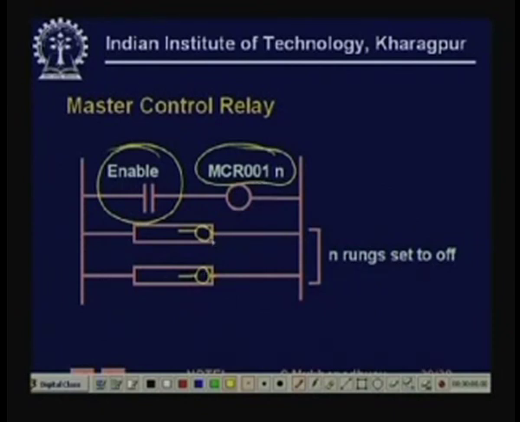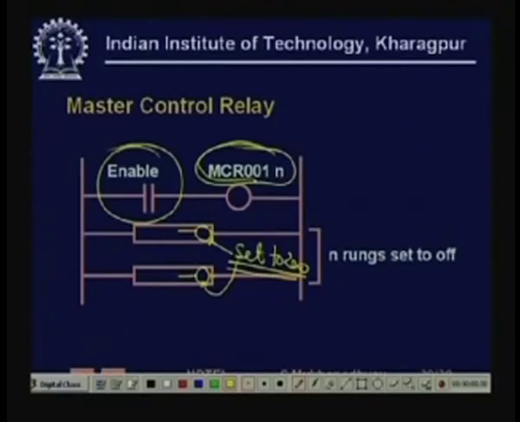So, these output coil values will all be set to 0, without evaluating, irrespective of the logic in this branch. But if this is not excited, then they will be evaluated like normal rungs, according to normal PLC logic evaluation.